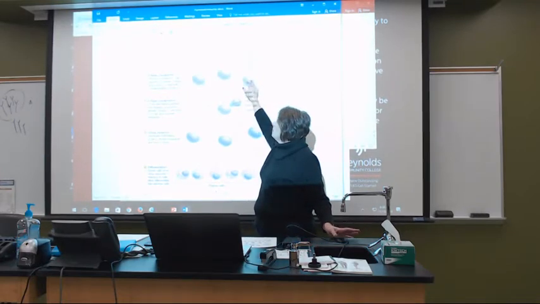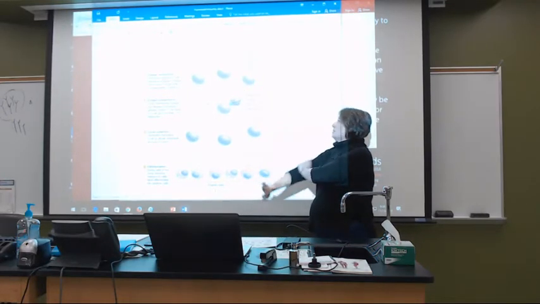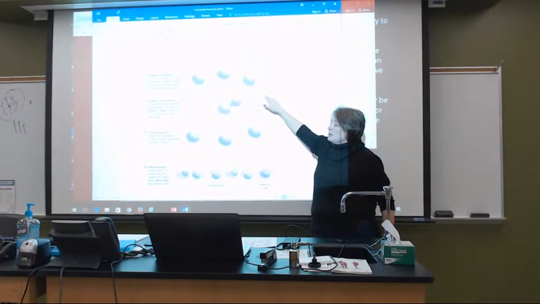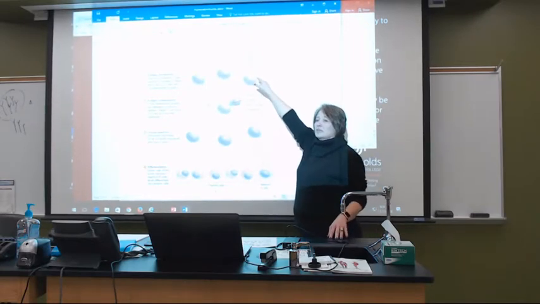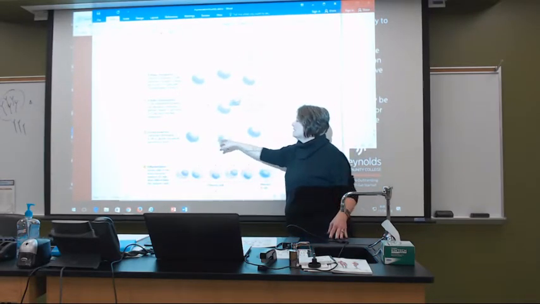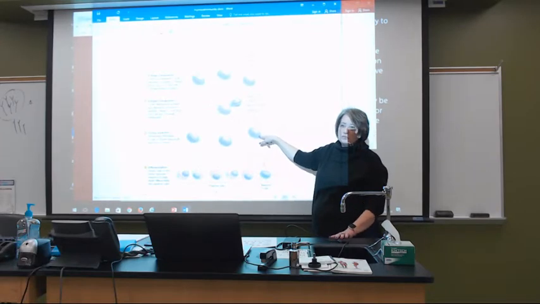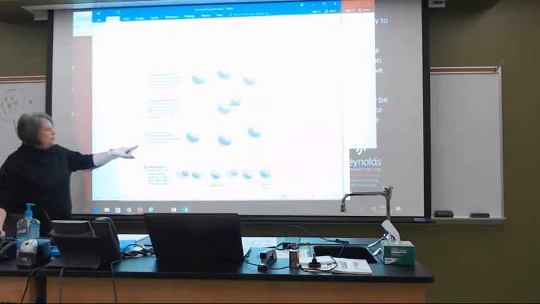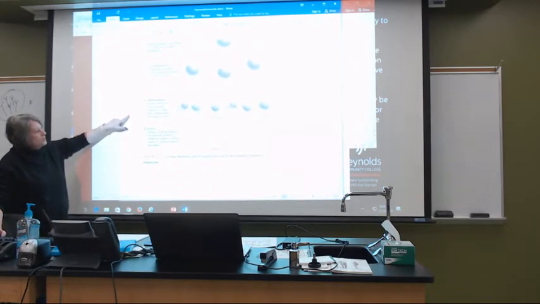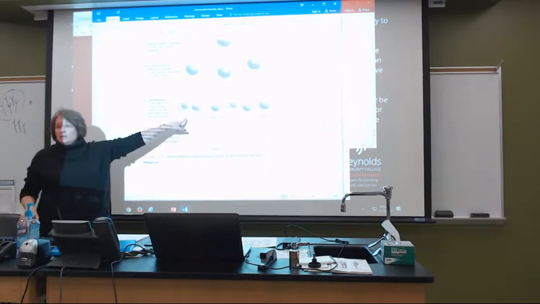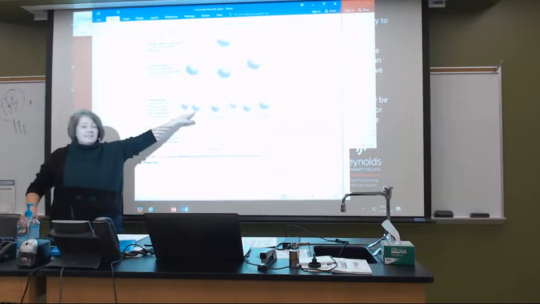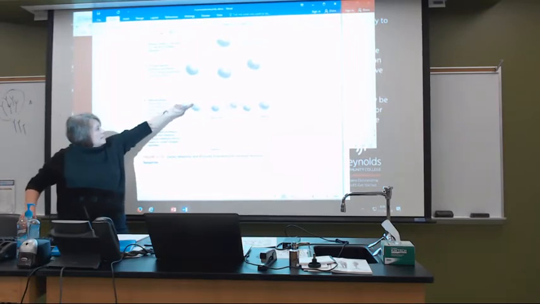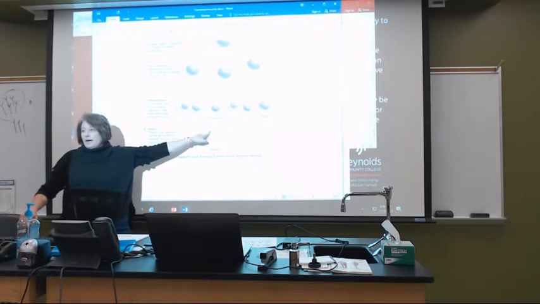Once I get the T cell activated, the helper T cell can call up the B cells, which can begin to reproduce. The way that these B cells are going to reproduce, they are going to generate these plasma cells, because it's the plasma cells that can generate my antibodies.